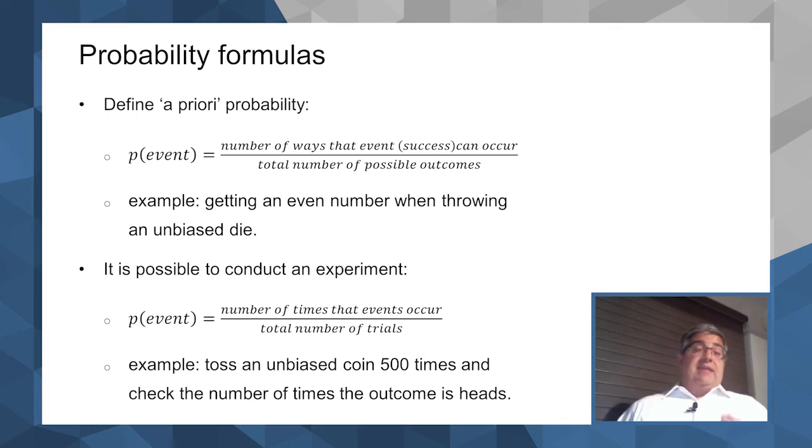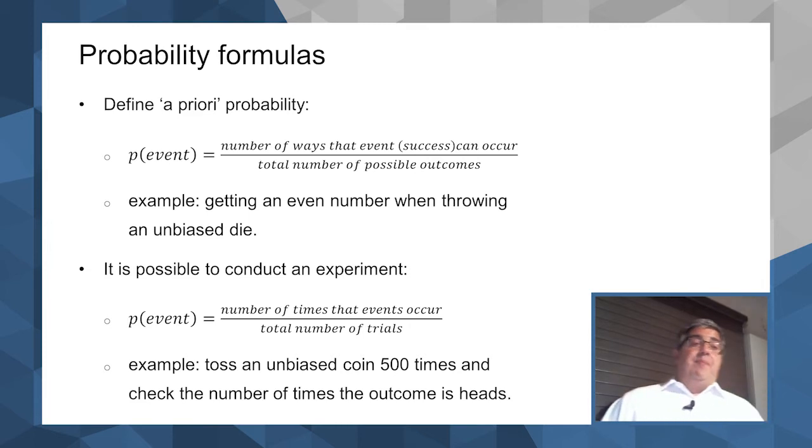And to calculate that, as it says in there, the number of ways that the event success can occur. I said take a spade from the pack of cards, that's 13. Total number of possible outcomes, 52 cards in the pack, 13 out of 52.